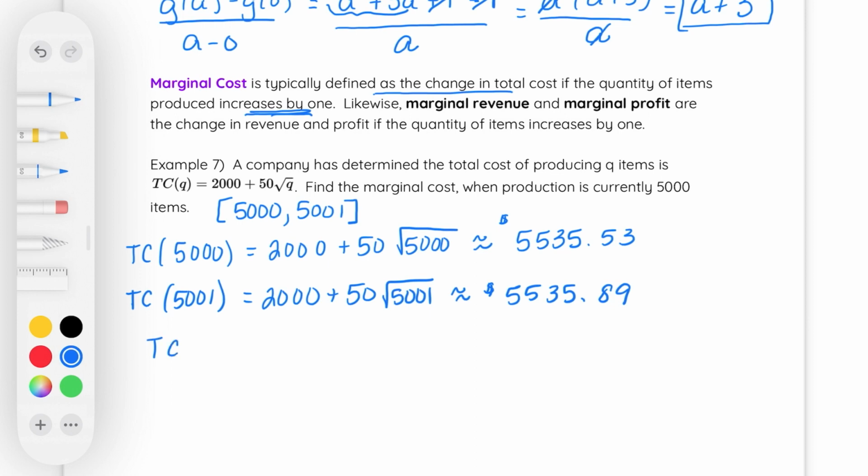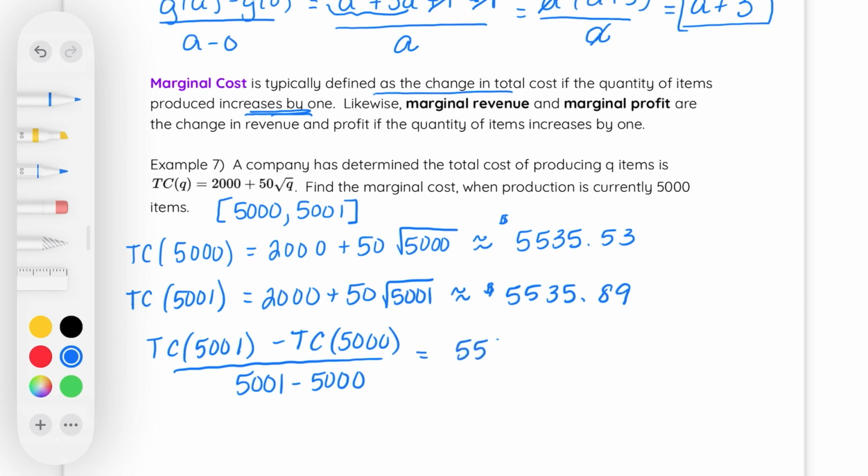Thus I can use my average rate of change over, and all we did was increase 1, so 5,001 minus 5,000 gives me divided by 1, of course.